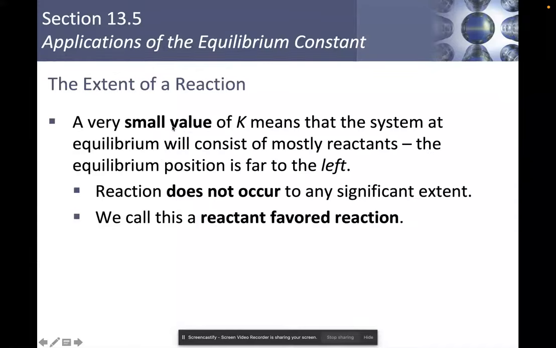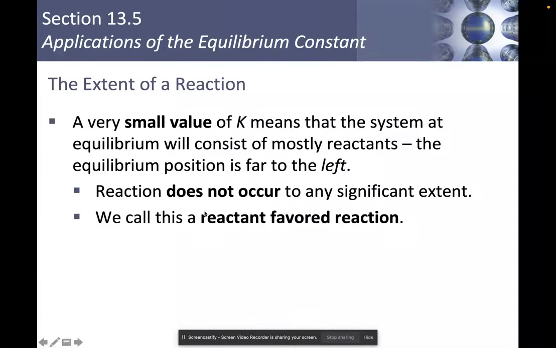Now, what if we have a small value of K? If we have a small value of K, that means that our equilibrium is mostly going to be on the left side. So again, we have a double arrow. You can picture we're going to be basically breaking apart our products quicker and making more reactants. So essentially the reaction does not occur.